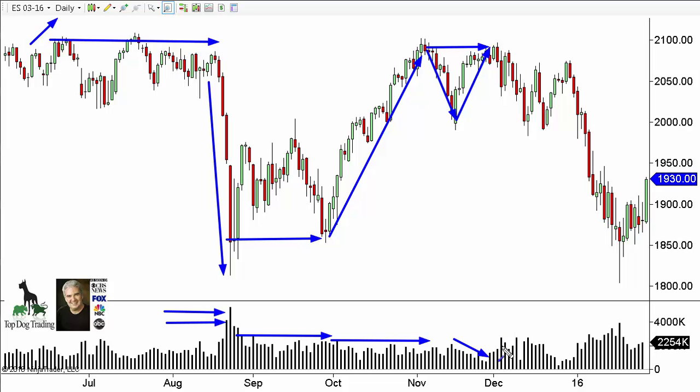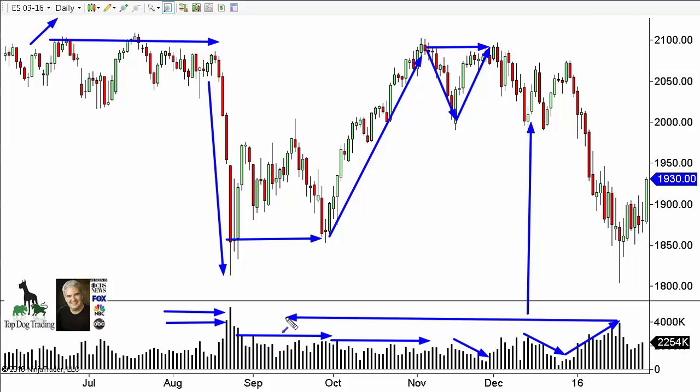All right. Then we get an increase in volume here. Again, volume decreases here. All right. And that lines up with this move here. Then we get another increase in volume, and we actually make the highest high in volume since over here. And when does that happen?